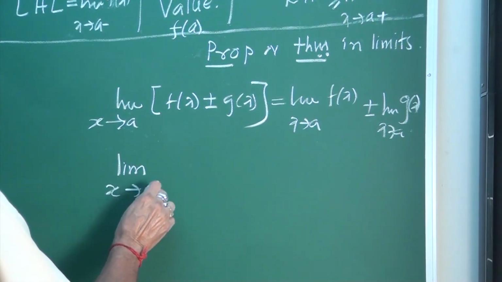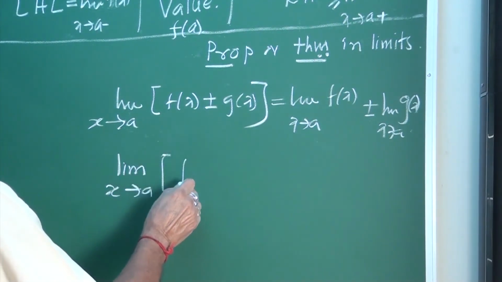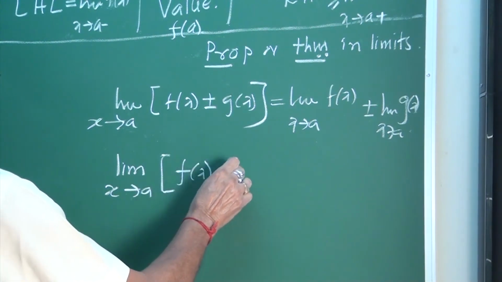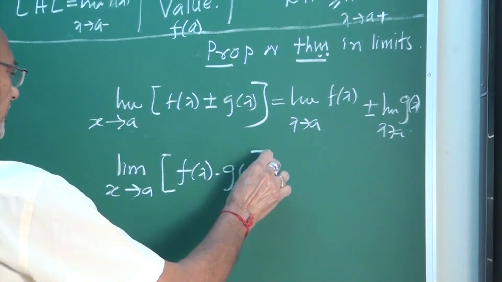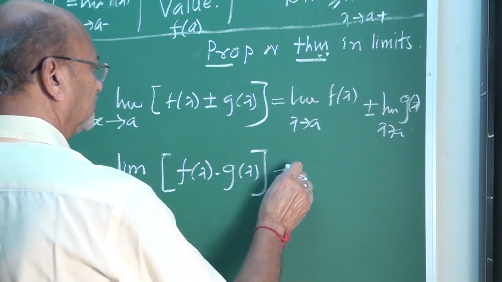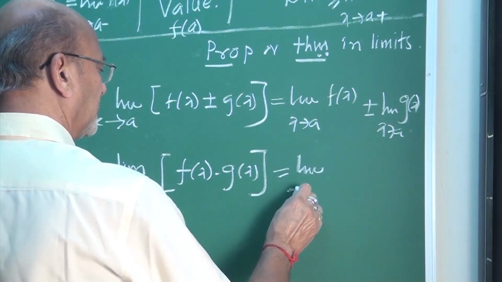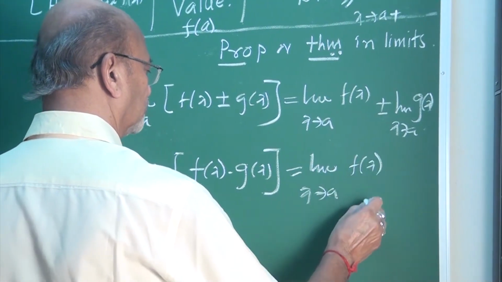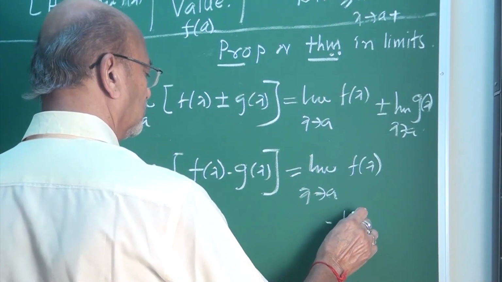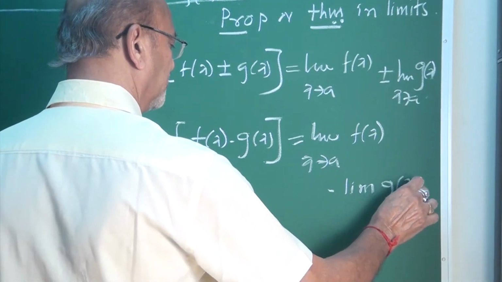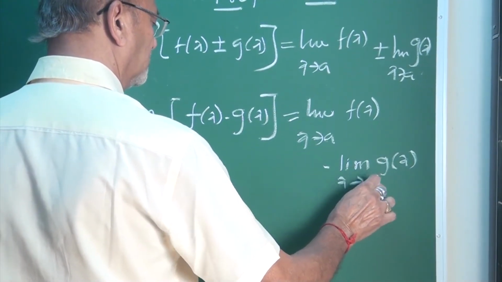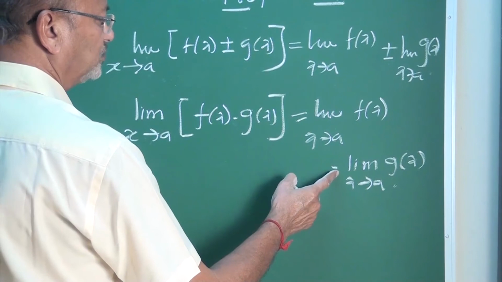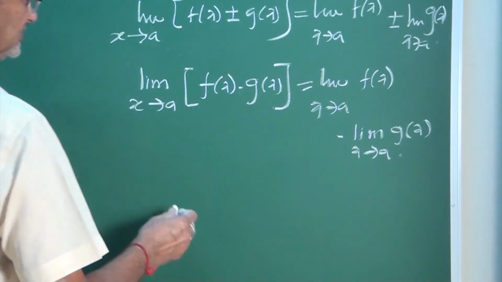limit as x tends to a of the product f(x) into g(x) is limit of f(x) as x tends to a into limit of g(x) as x tends to a. My friends, product is product. Then division is division.